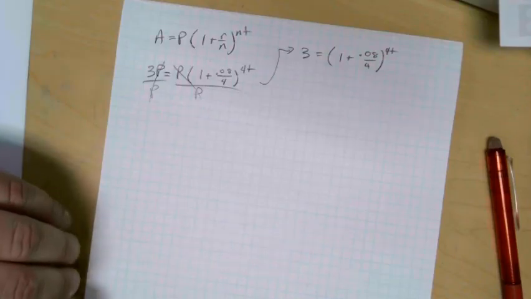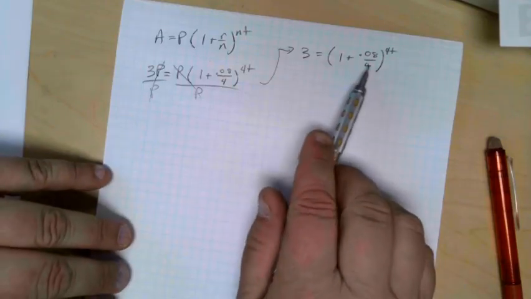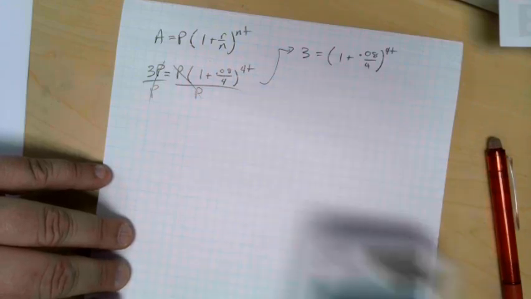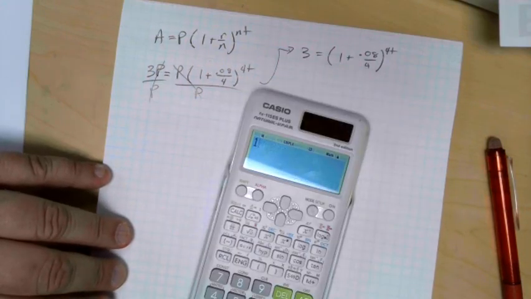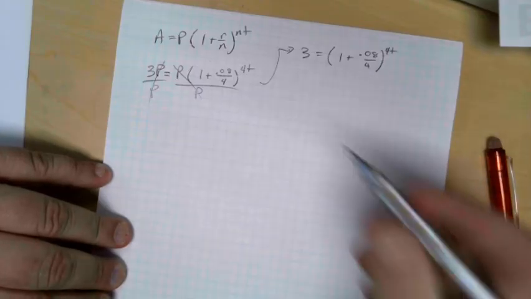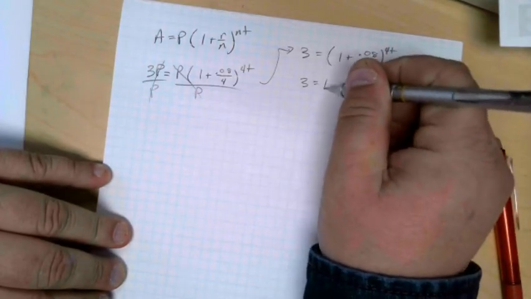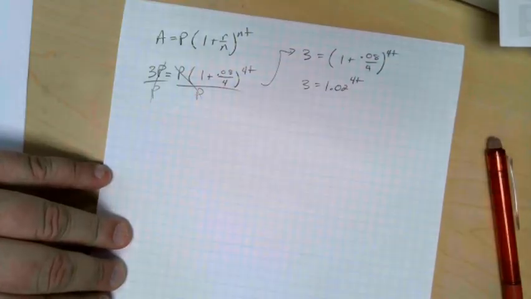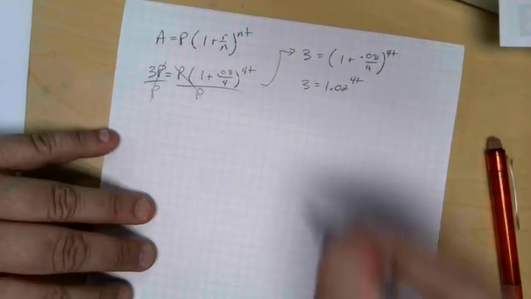Okay, at this point, just so it's easier to see, I'm going to put that in a calculator. 1 plus 0.08 divided by 4 gives me 1.02. Oh, that's not too bad. 3 equals 1.02 to the power of 4t. Now I need to rewrite it as a logarithm.